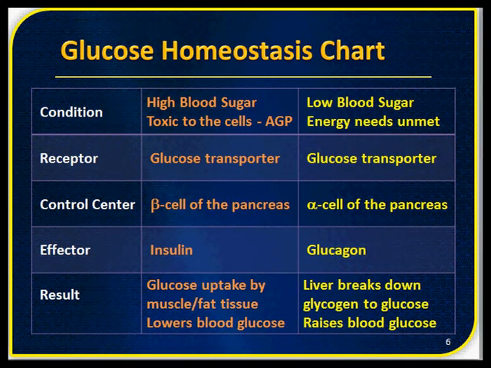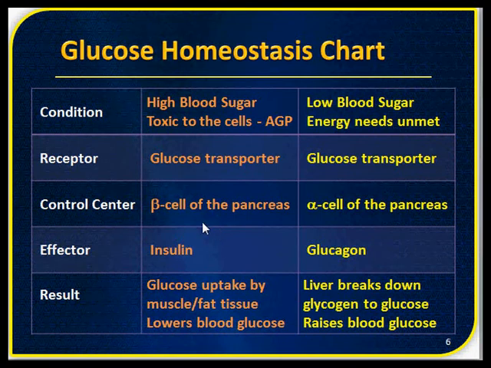So, to summarize, whenever there is high glucose, it is toxic to the cells. Advanced glycation end products are very toxic to the cells, and the glucose transporter is informed about the high levels of blood glucose. Beta cells of the pancreas come into the picture. The effector hormone is insulin, and this insulin increases the glucose uptake by the muscle and fat tissue and thus lowers the blood glucose and prevents the accumulation of AGEs.